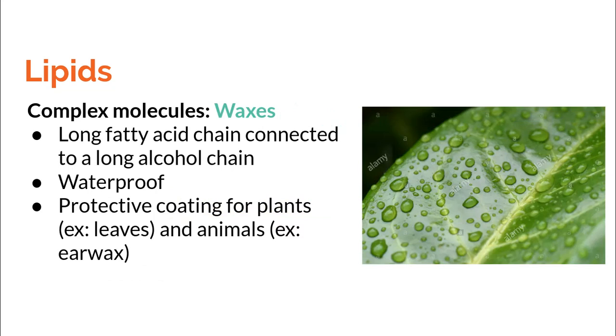Next, we have waxes. So waxes are long chains of fatty acids connected to a long alcohol chain. And waxes help to make things waterproof. For example, in plants, this can be very helpful so that the leaves aren't damaged by too much water building up there.